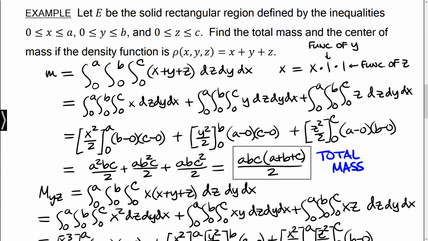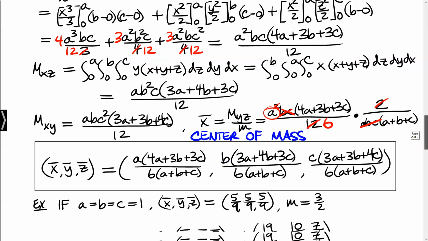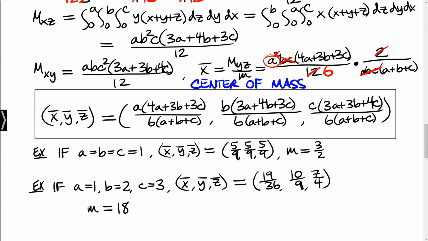In other words, if you had the problem where x was from 0 to 1, y from 0 to 2, z from 0 to 3, if you were given specific numbers, it might actually be less computation to do it with a, b, and c, because you could take advantage of the symmetry to reduce your computations and then substitute in. I think if you do it with specific numbers 1, 2, and 3 and try to integrate these, it might actually be a little bit more work. So anyway, that's just something to notice about problems like this sometimes.